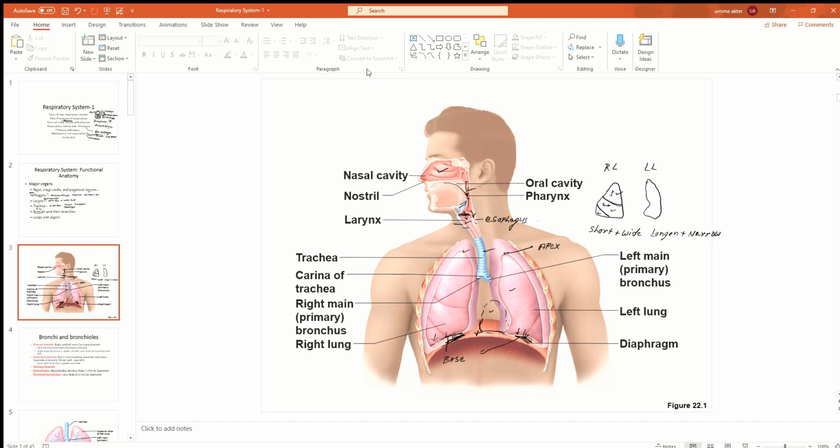So in the right lung, you have three lobes separated by two fissures, deep grooves. Okay, two fissures. Make sense? So that is the right lung.